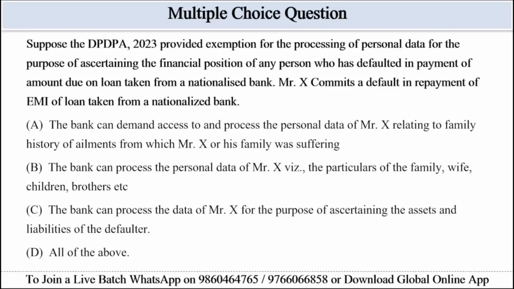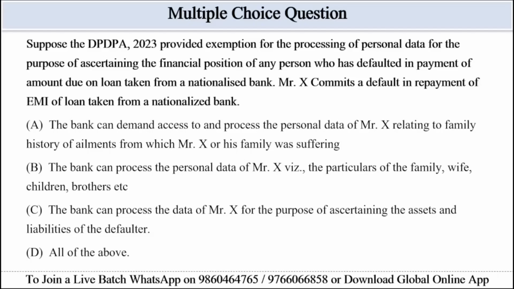So in case of option A, the bank can demand access to and process the personal data of Mr. X relating to the family history of ailments from which Mr. X or his family was suffering. So medical or ailment history is unrelated to ascertaining financial position. It does not logically help determine assets and liabilities.